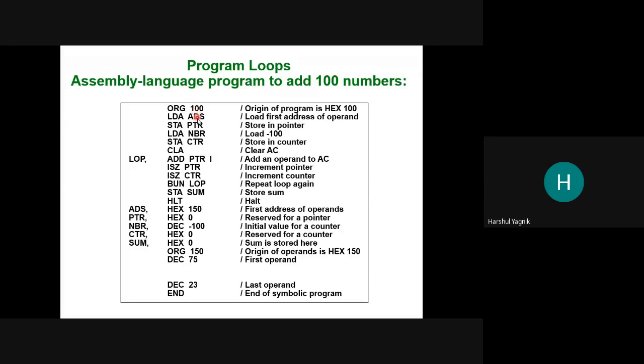So that loads the address to the accumulator. Then this will be stored, the STA instruction. What will the STA instruction do? It will store the content which is in the accumulator somewhere. Over here it is a pointer, PTR, but the pointer location is not given, the pointer label is given.